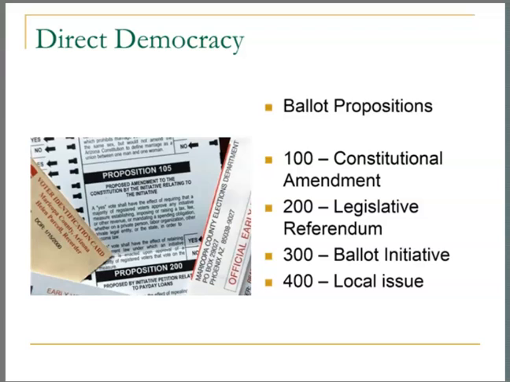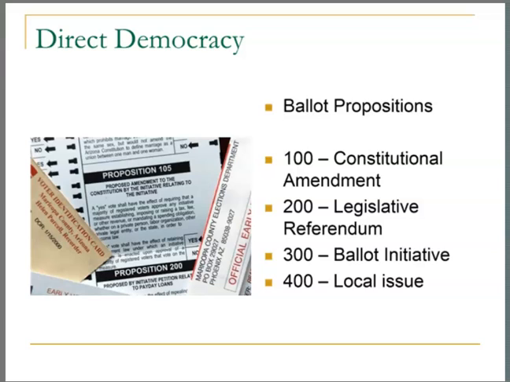Now, if there is a 200 in front of the number, then that means that it has reached that ballot through the referendum process. So the state legislature has written that proposition, and they're asking the voters to vote for that. If there is a 300, then that means that proposition originated as a citizen initiative.